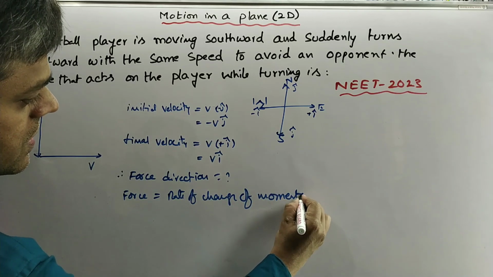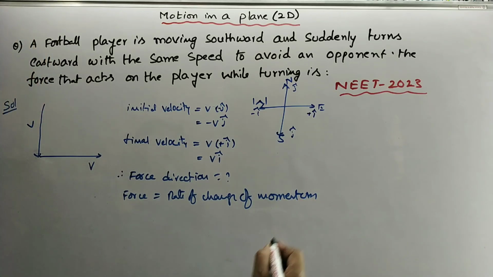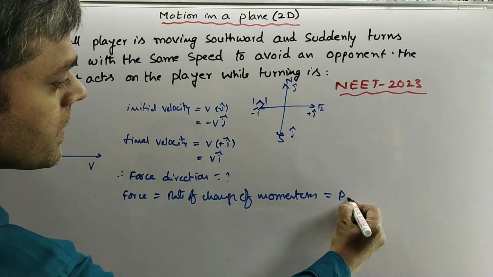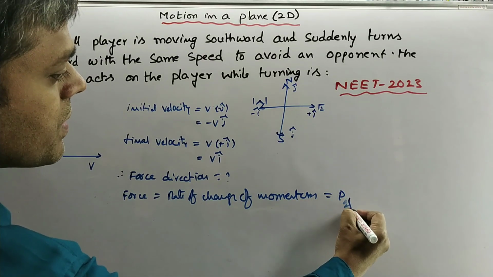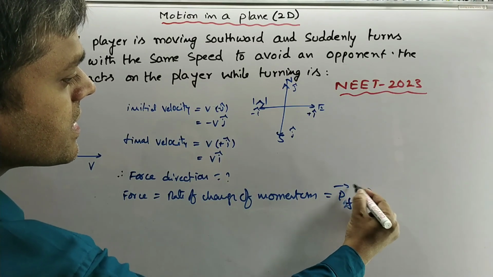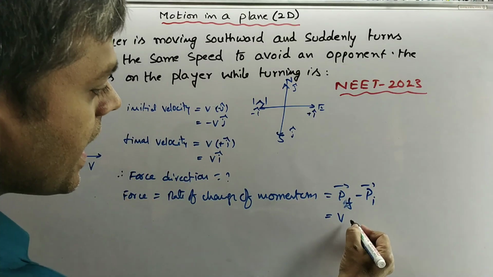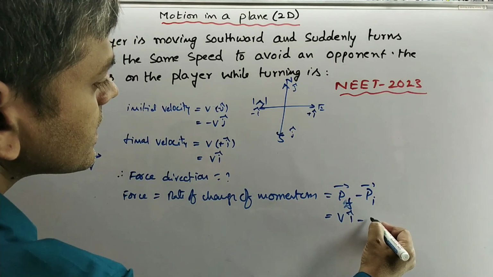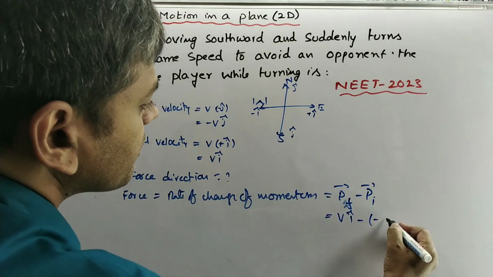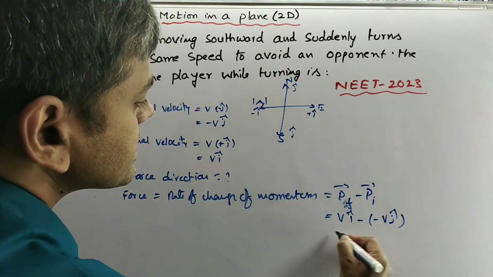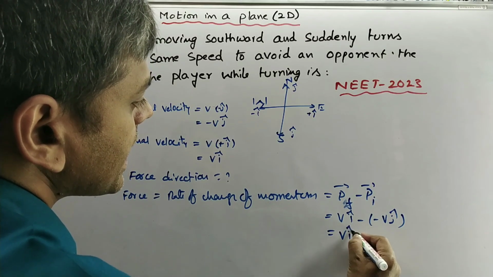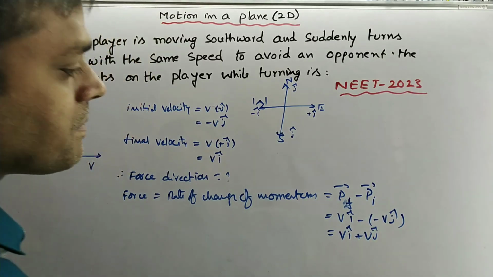That means final momentum minus initial momentum, Pf minus Pi. It is a vector quantity, which is equal to V i cap minus minus V j cap, so it is V times (i cap plus j cap).